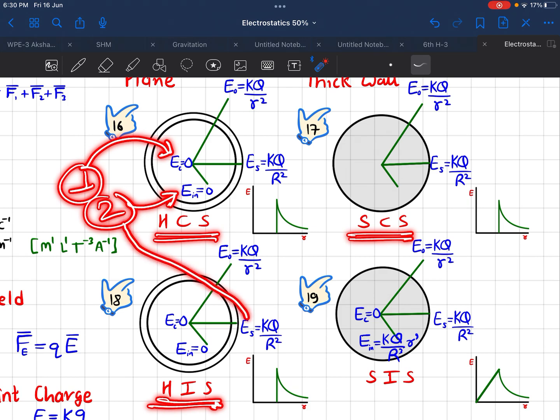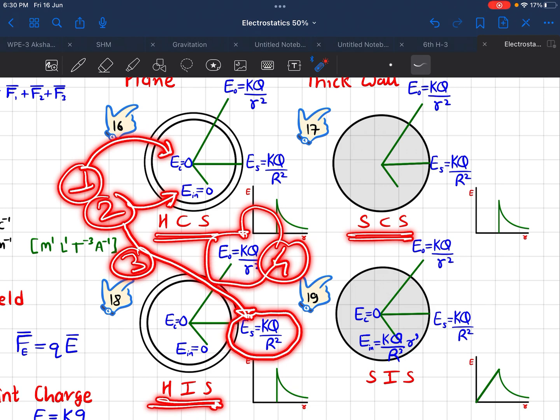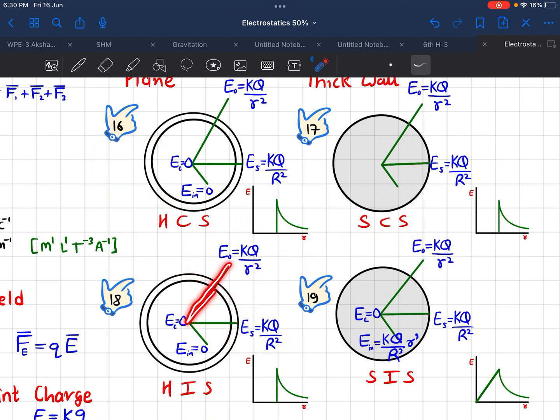Number 3, electric field intensity on the surface of the sphere is E is equal to capital K capital Q by capital R square. And number 4, electric field intensity outside the sphere is E is equal to K Q by small r square, where small r is the distance from the center of the sphere.